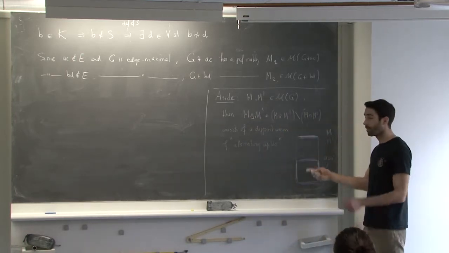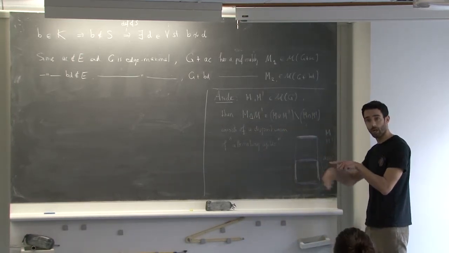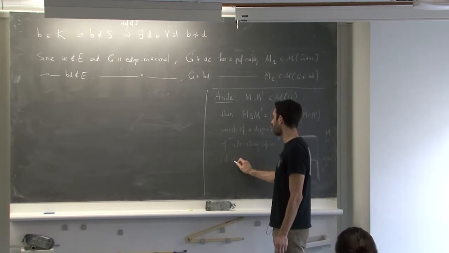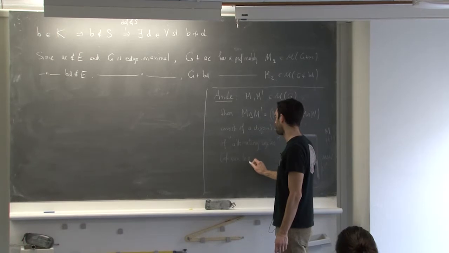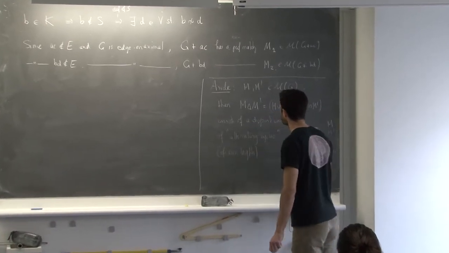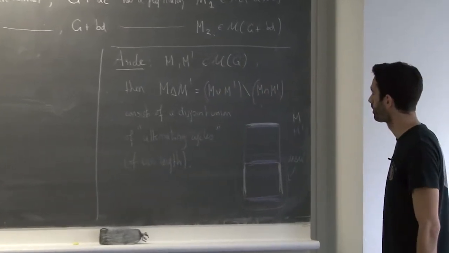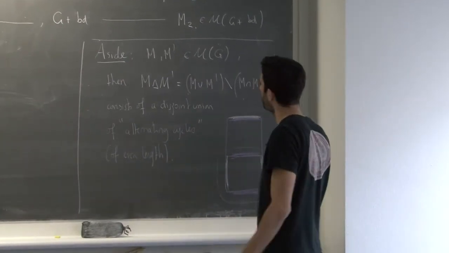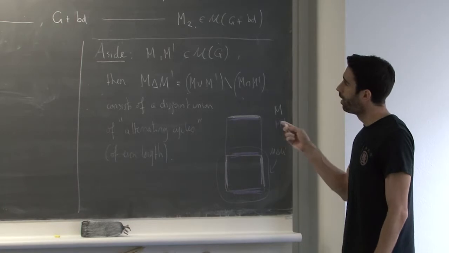You see alternating because when you go along the cycle, you have M, M prime, etc. And in particular, they're of even length. Okay, that was just an aside that might have been better to do before, but it's okay.